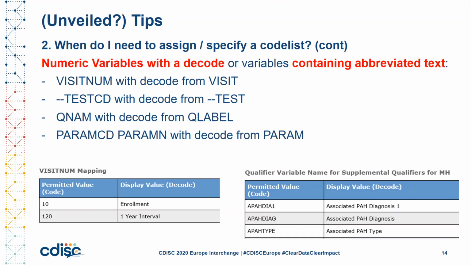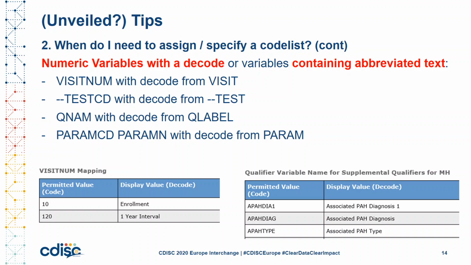Another aspect I would like to emphasize for a proper code list implementation is the use of the decode. Very often I see, for example, a code list assigned to the VISITNUM variable simply listing the expected visit numbers from 1 to x. I recommend in such a situation to specify the meaning of 1, 2, and so on, so assign a decode value. In the example of VISITNUM, the decode will come from the VISIT variable.